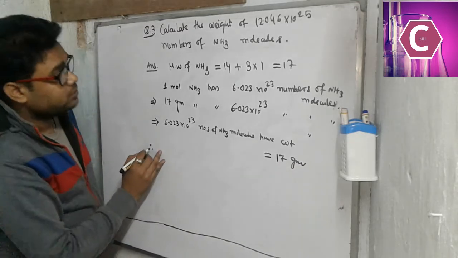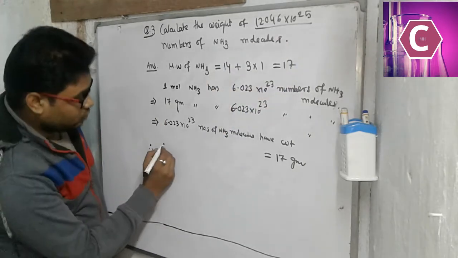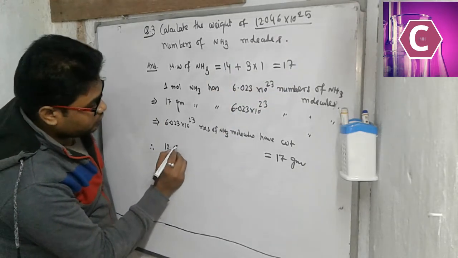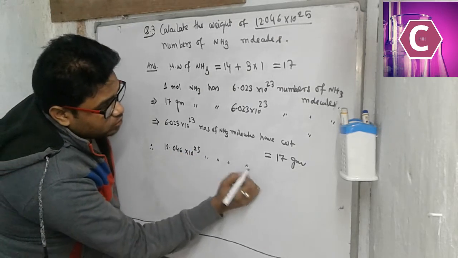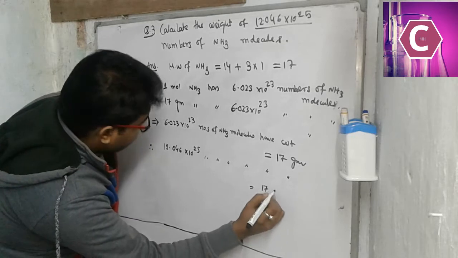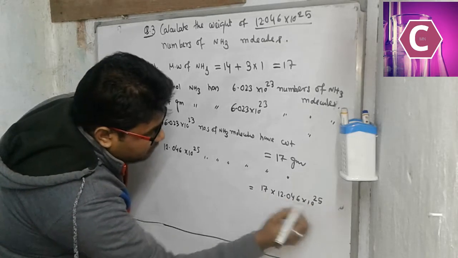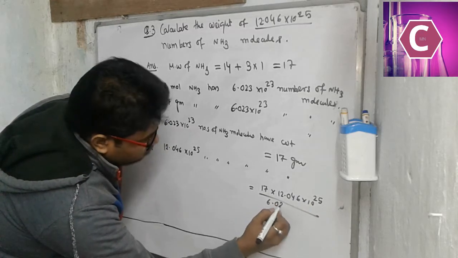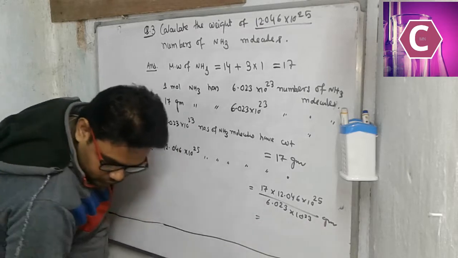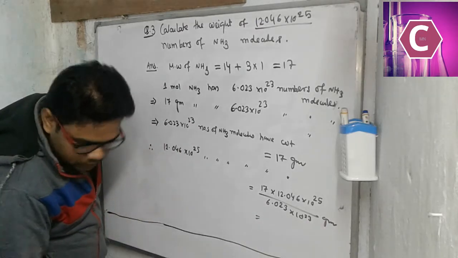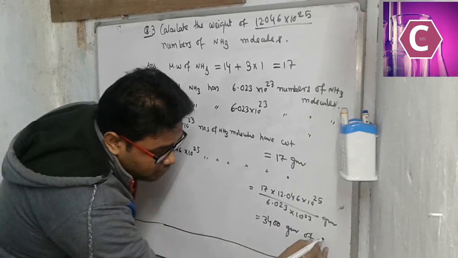Then our question is the weight of this number of ammonia molecules. So 12.046 into 10 to the power 25 NH3 molecules have weight equal to 17 into 12.046 into 10 to the power 25 divided by 6.023 into 10 to the power 23, and that becomes 3400 gram of ammonia.